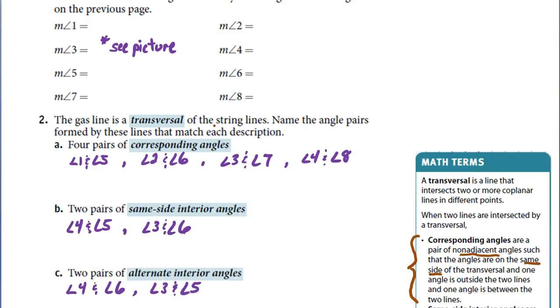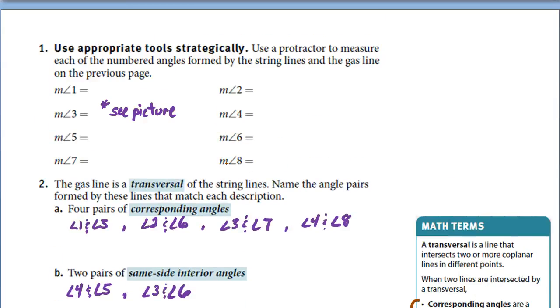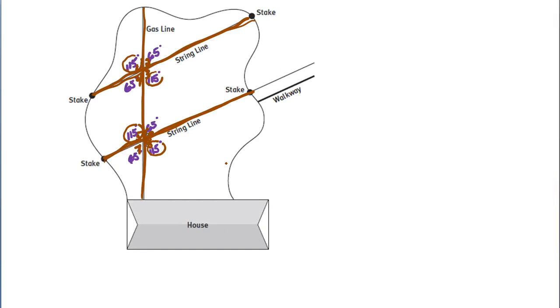Okay, next, we want to name 2 pairs of same side interior angles. This is actually a little descriptive of what we're looking for. Be on the same side of the transversal and be on the interior of the parallel lines. So going back to our picture, here's the transversal. It was that gas line running straight up and down. Be on the same side of it.